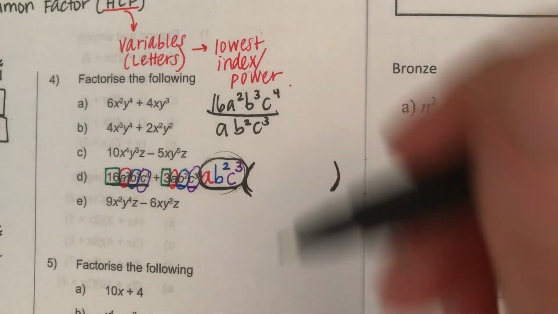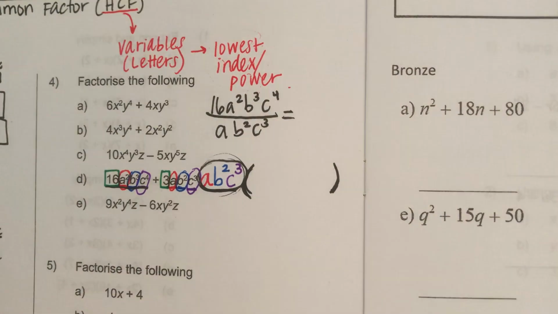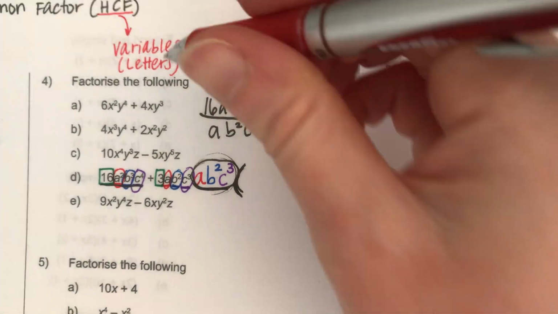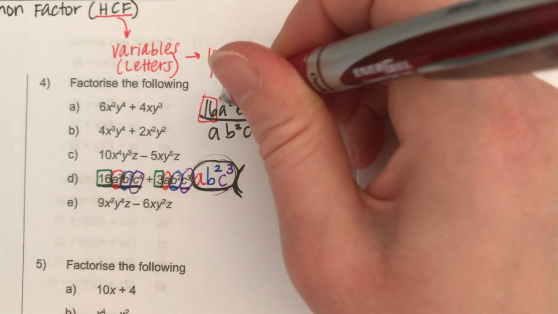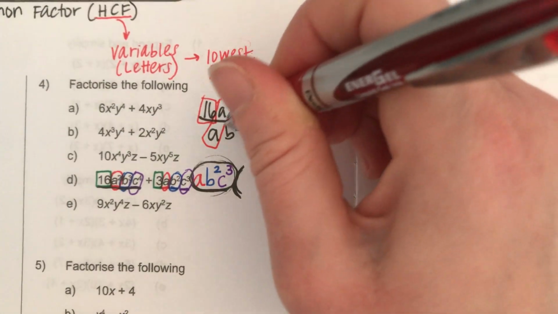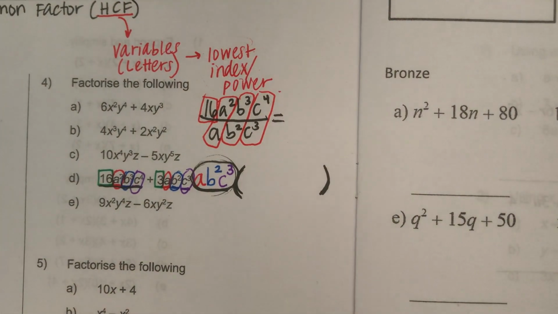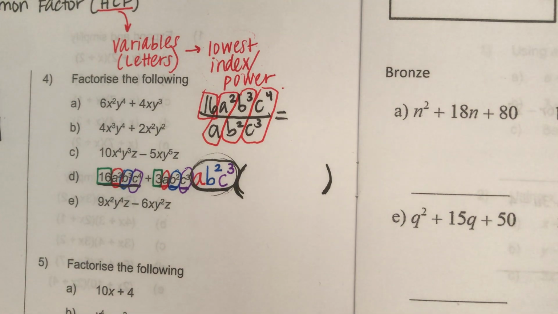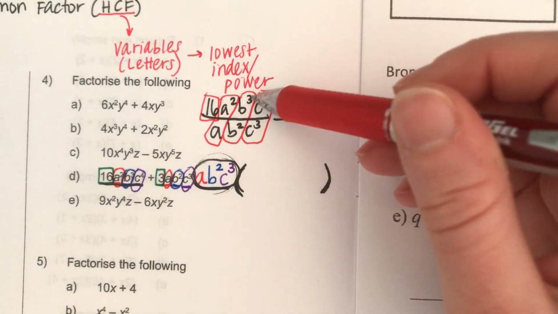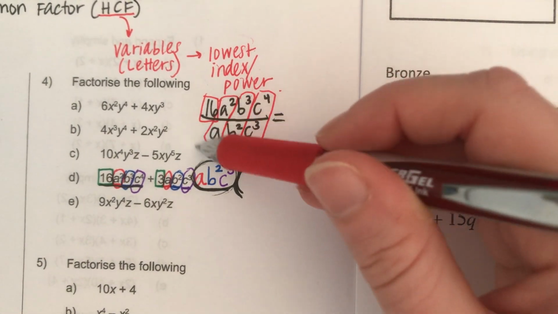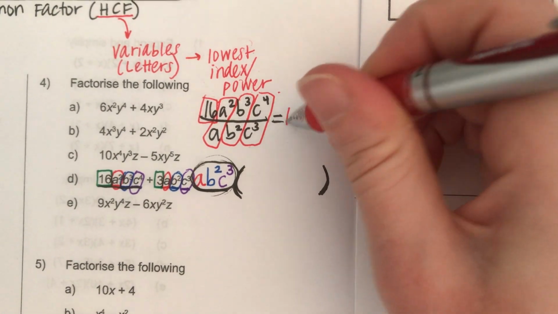Okay, when I'm dividing like this, I like to make columns. So 16 is on its own. The A's go together, the B's go together, and the C's go together. And then we basically just want to subtract the indices for each letter. So 16 divided by 1 essentially is 16.